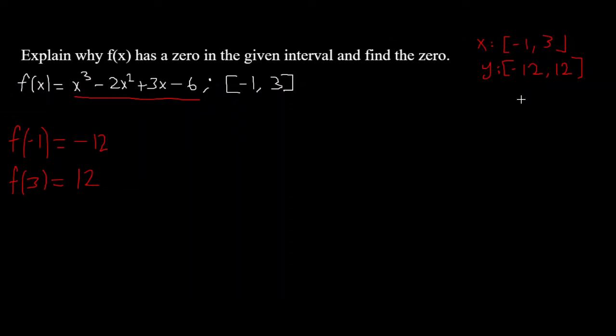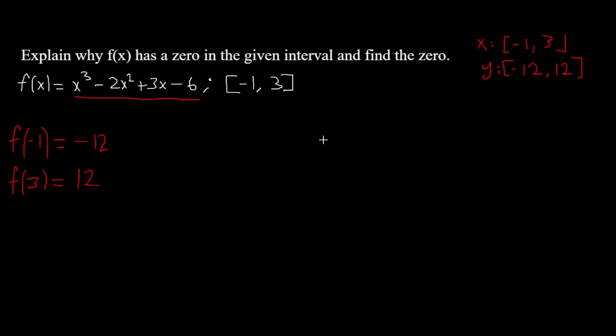And so that is what proves there is a 0. And usually you may have to write an explanation for that, and this is exactly what you should write. We have 0, which is between negative 12 and 12, meaning there has to be a 0. And that is a simple explanation you can give to get 100% on all of your FRQs.